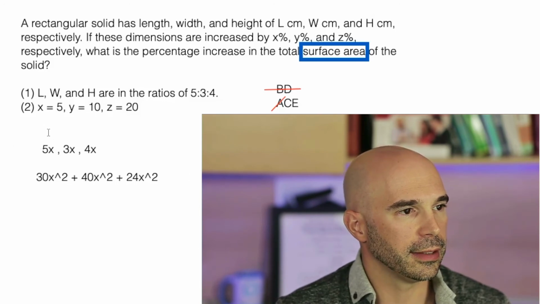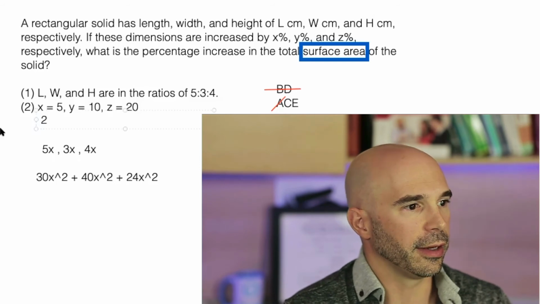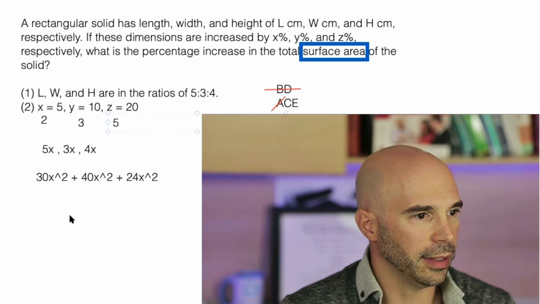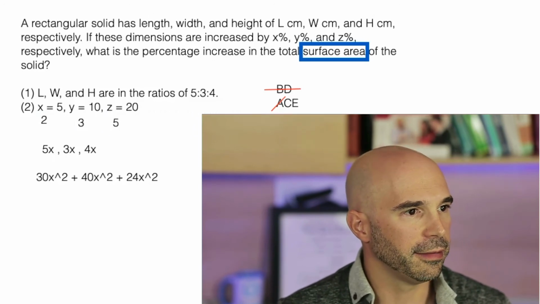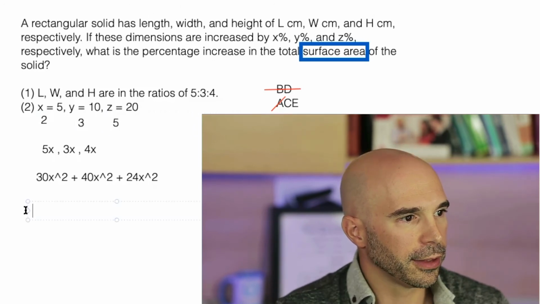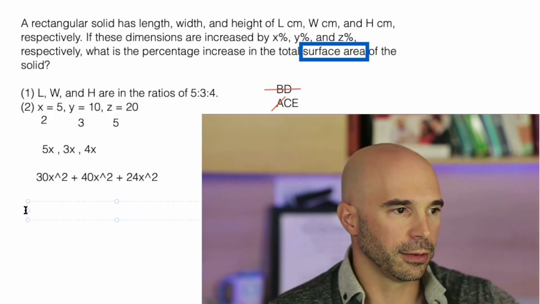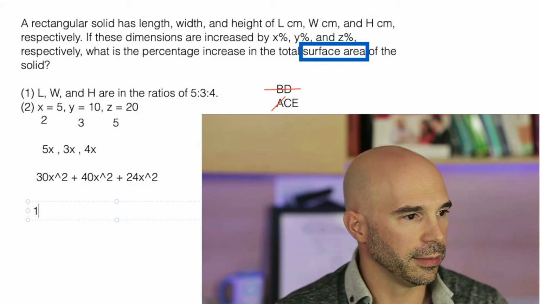So just to make it easier with the change factors, let's imagine that the length is doubled, the width is tripled, and the height gets multiplied by a factor of 5. So how would this affect things? So for the length times width, we would get a factor of 6. That part of the surface area would get doubled for one reason and tripled for the other reason, so overall a factor of 6.